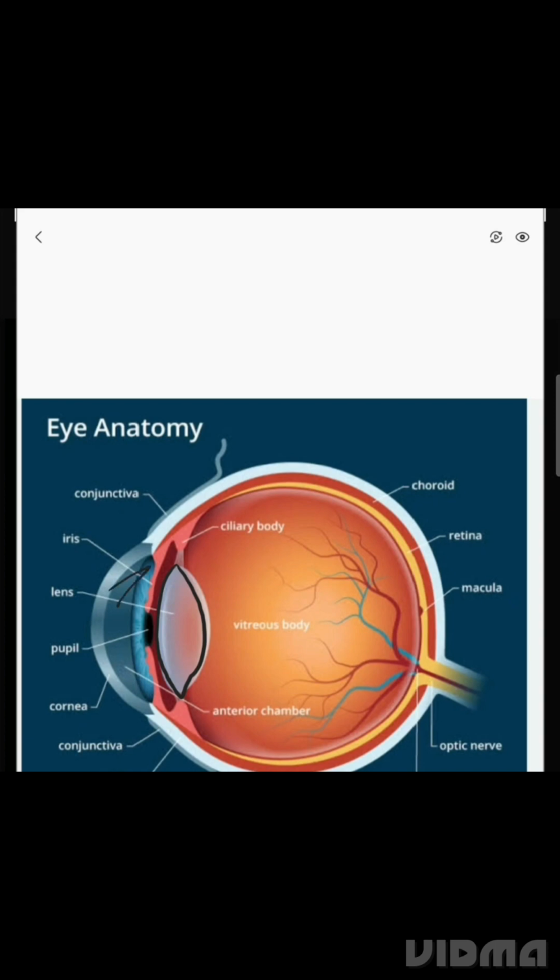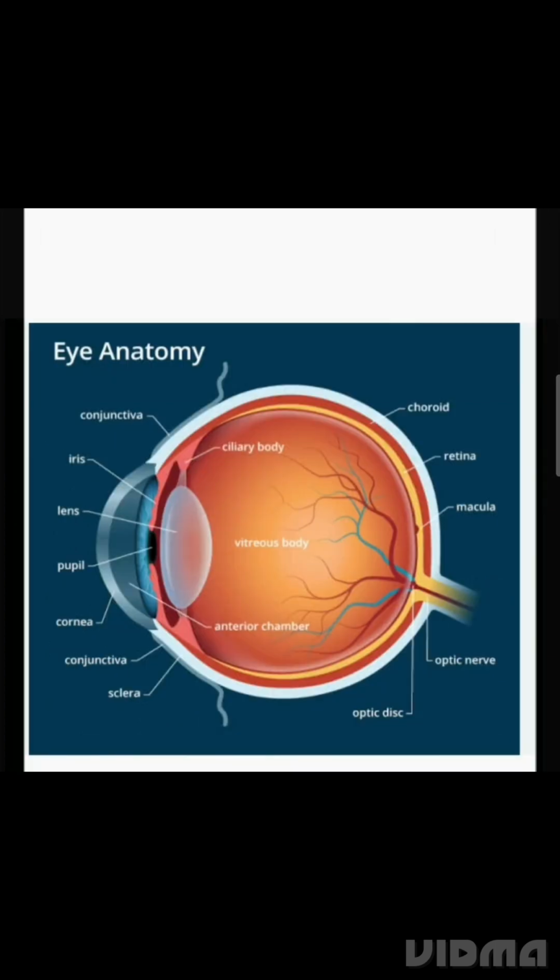Now, let me just draw it. This is the anterior segment, the whole part in front of the lens, and the whole part behind is the posterior segment. Now, this anterior segment is divided into two parts by the iris. See, this is the iris.